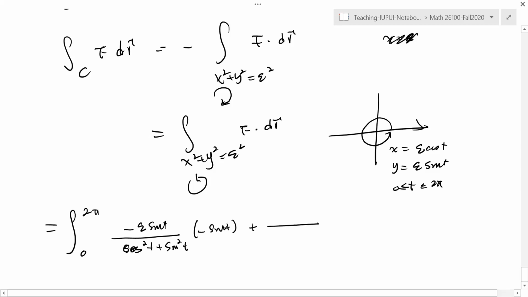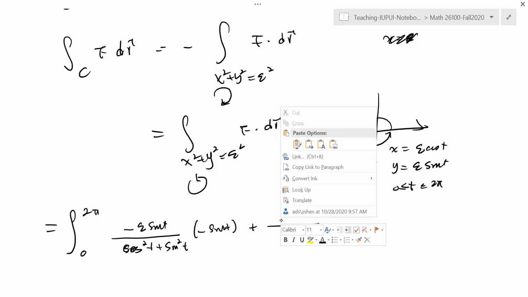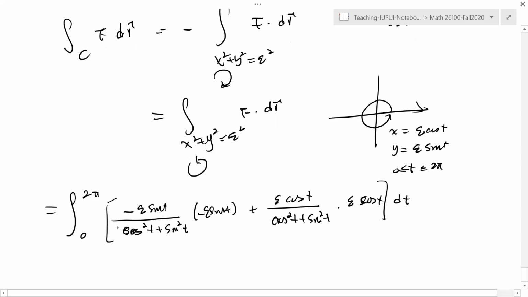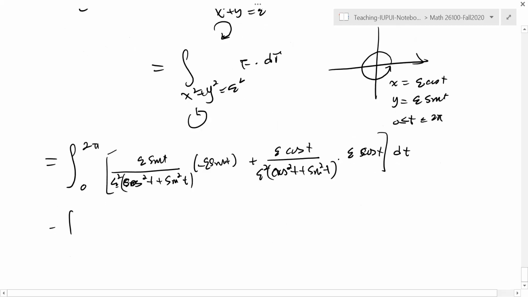And then plus the second part: x is epsilon cosine t, and dy is epsilon cosine t dt. So this is the whole thing. I think I have an epsilon squared missing here. So epsilon squared is going to be canceled out.